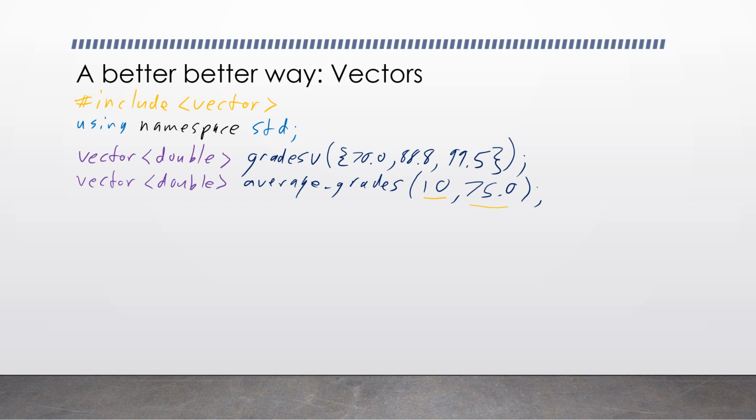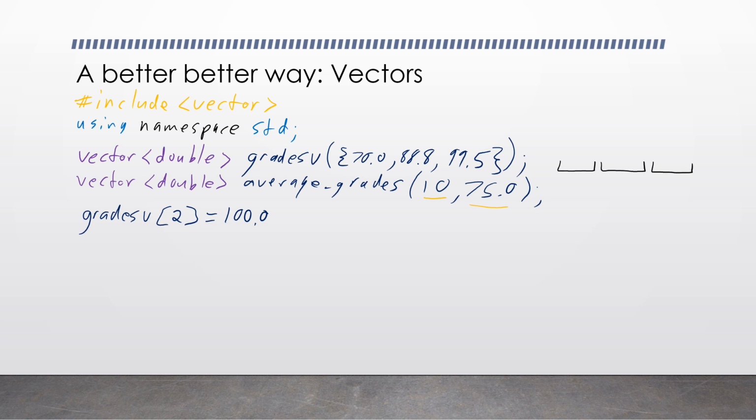Now, what you can do, you can still say grades_v at 3, well, no, I don't have 4 elements. Grades_v at 2 equals 100.0, and it'll find my spot.